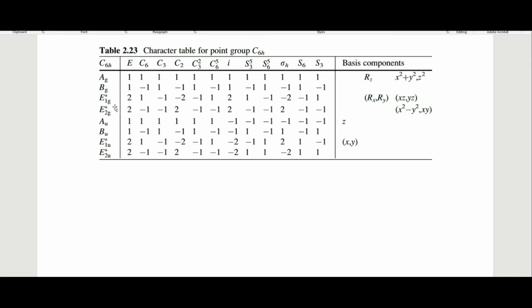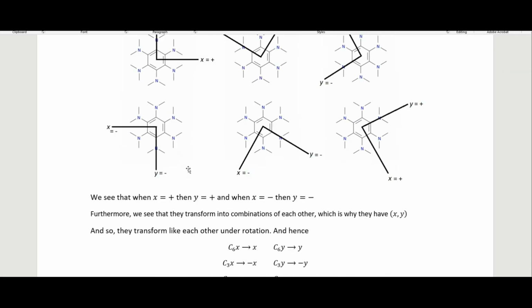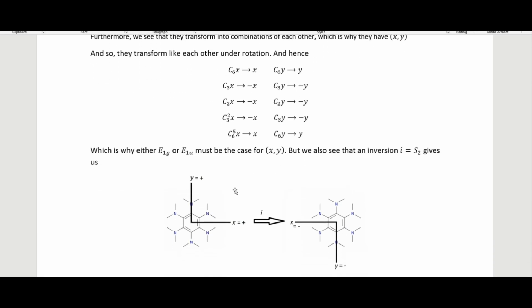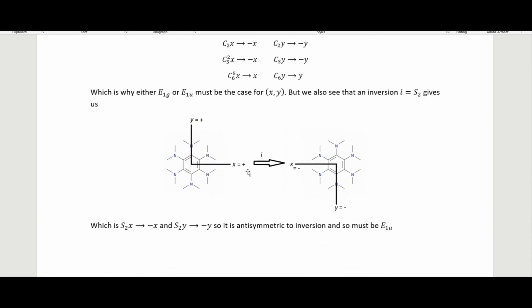Both the E1G and the E1U satisfy that. But then we have to look at the fact that this is anti-symmetric under inversion, where I can be equal to S2.